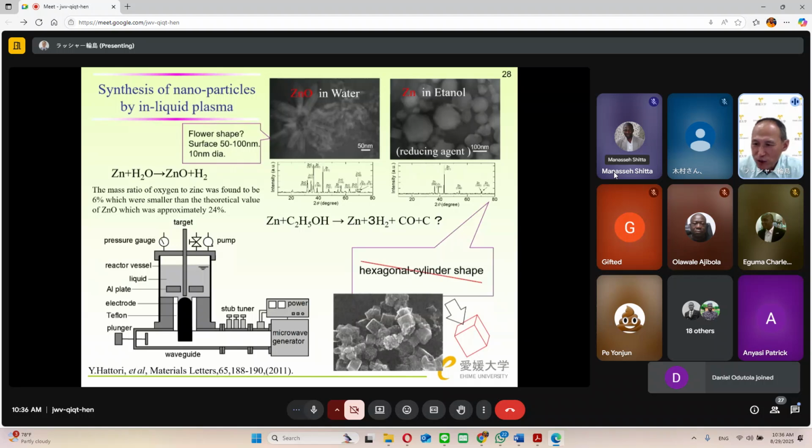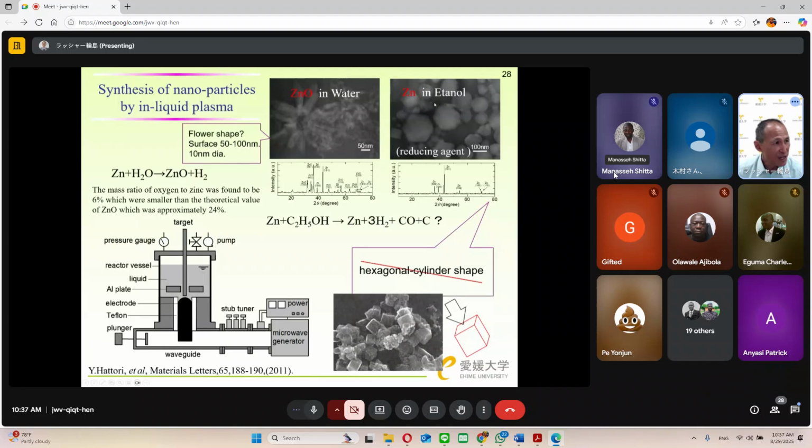Finally, I would like to introduce the synthesis of nanoparticles. When the metal wire is introduced to the electrode of plasma, the metal evaporates and the nanoparticle can be synthesized. This occurs when zinc wire is introduced. Zinc carbon oxide nanoparticles are generated in aqueous solution.